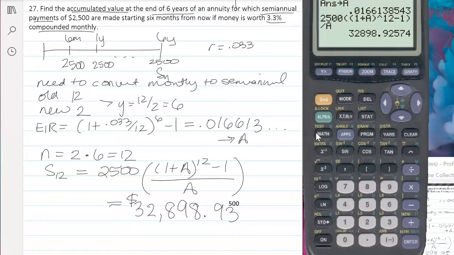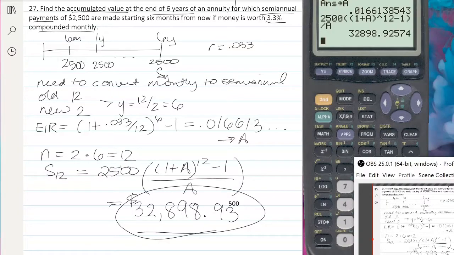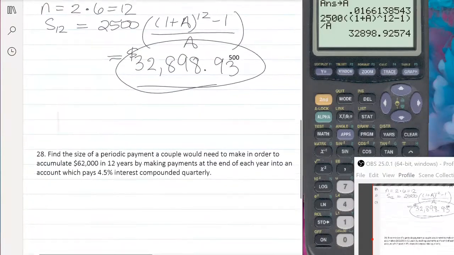Penny, remember, is the second decimal place. This is our answer.